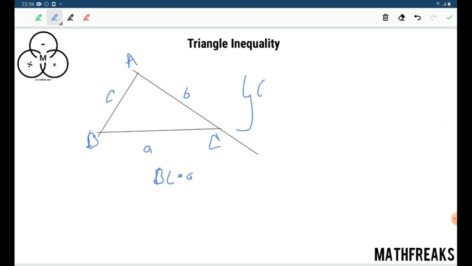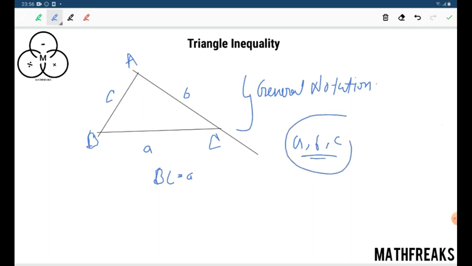This is the general notation. Now this may or may not be followed. If we are given the sides a, b, c of a triangle and nothing else is given, then we understand that the general notation is followed. And if a different order is given, then we have to understand according to the question.